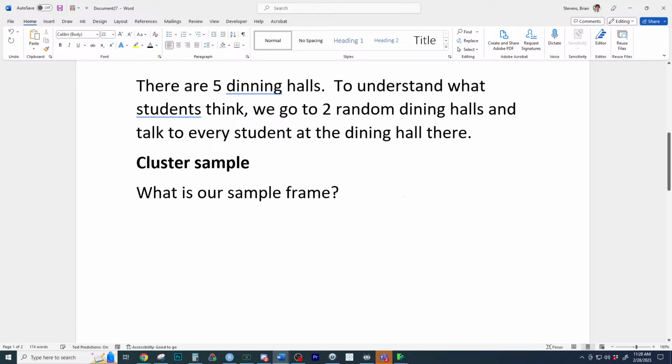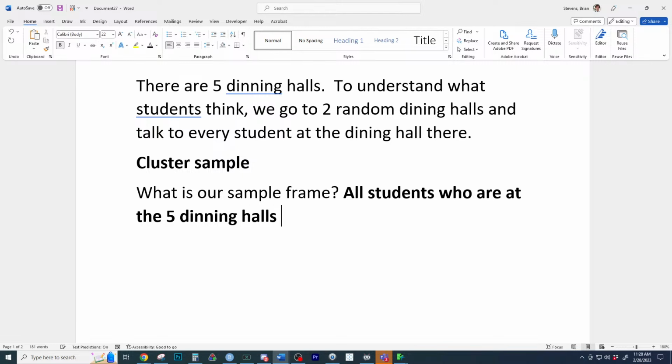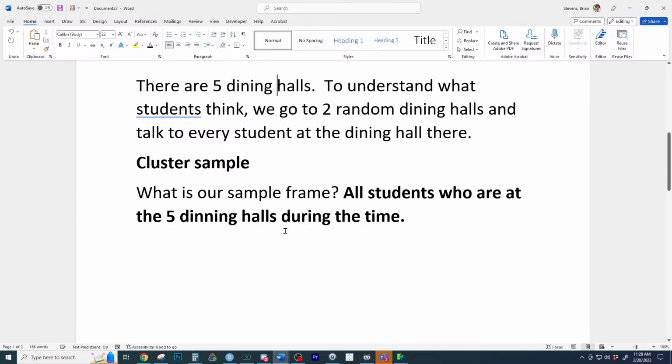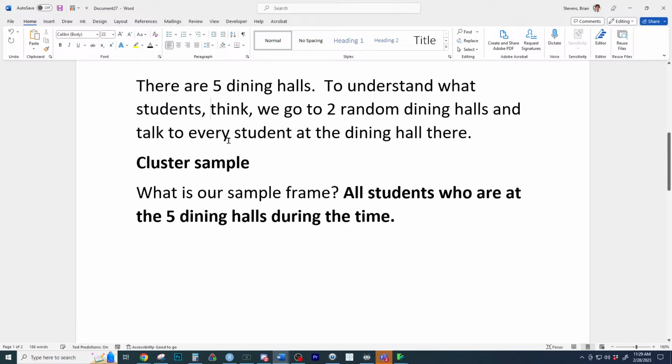So it would be all students who are at the 5 dining halls during the time, because we could have theoretically chosen any of the dining halls.